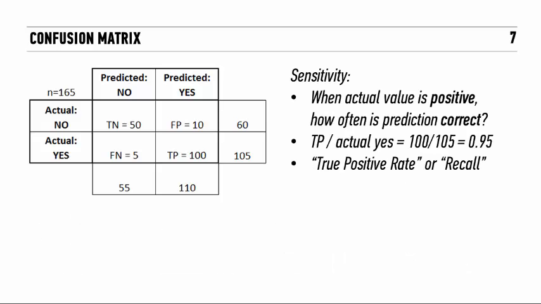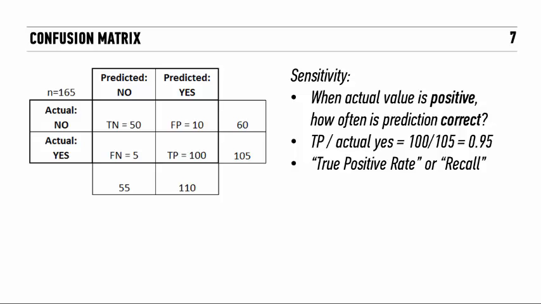This is very class agnostic. Three things maybe I would leave you with would be the sensitivity, which is when your actual value is positive, how often is your prediction correct? In this case, you'd have 100 predicted correct out of 100 plus 5.